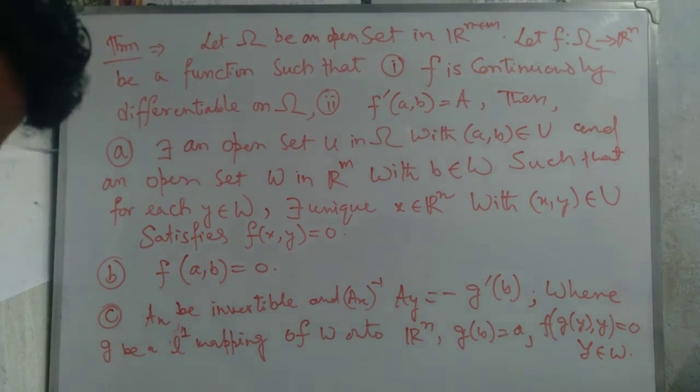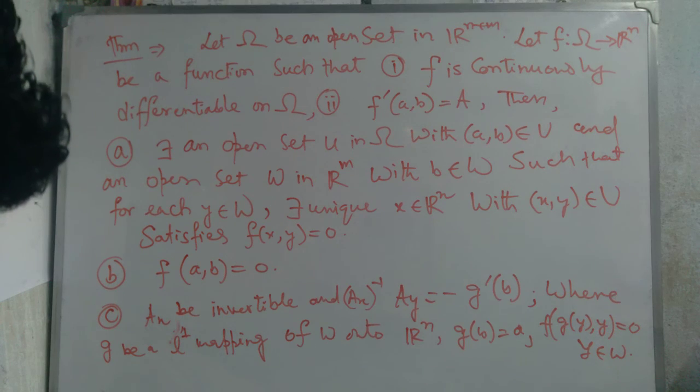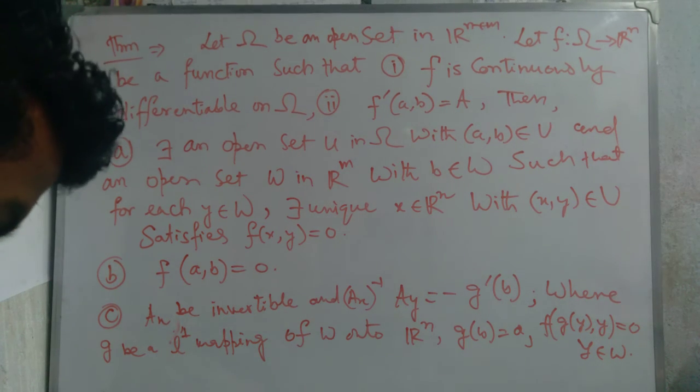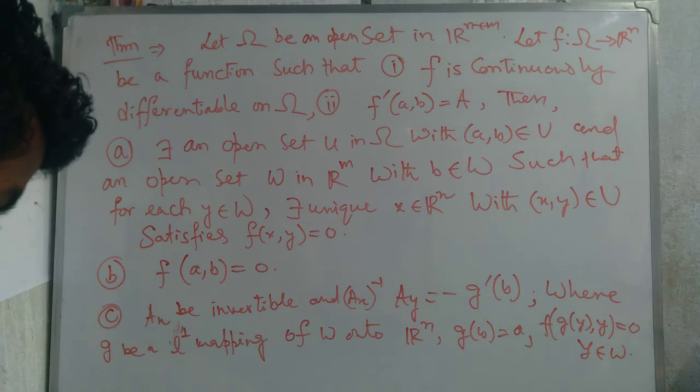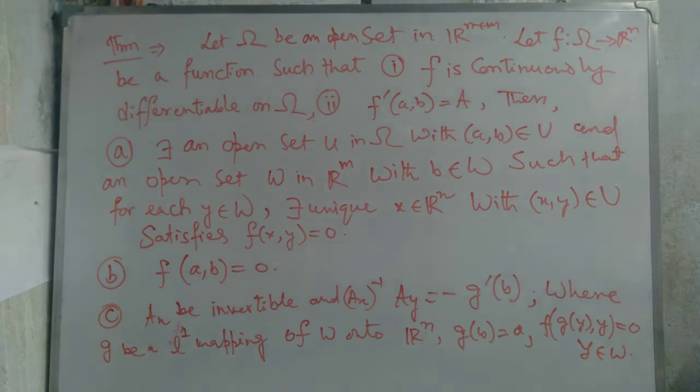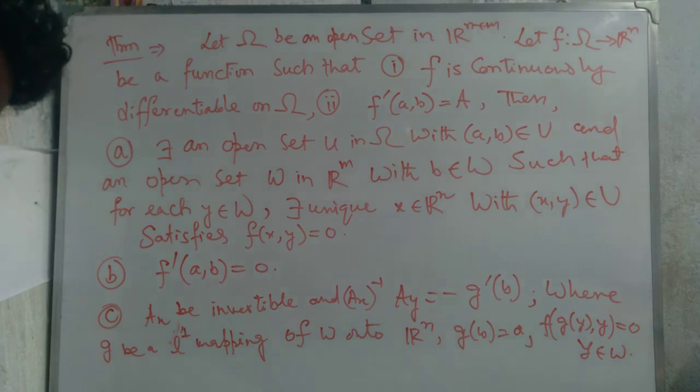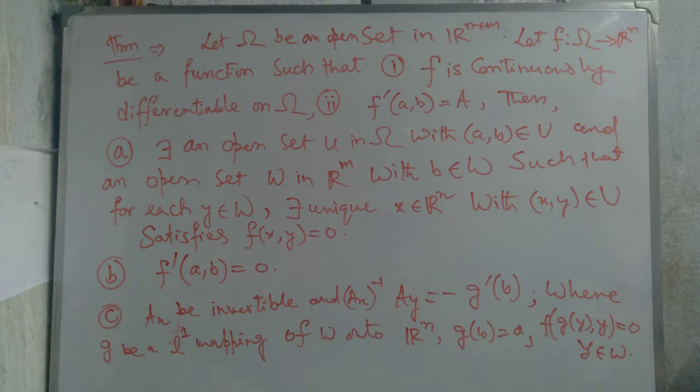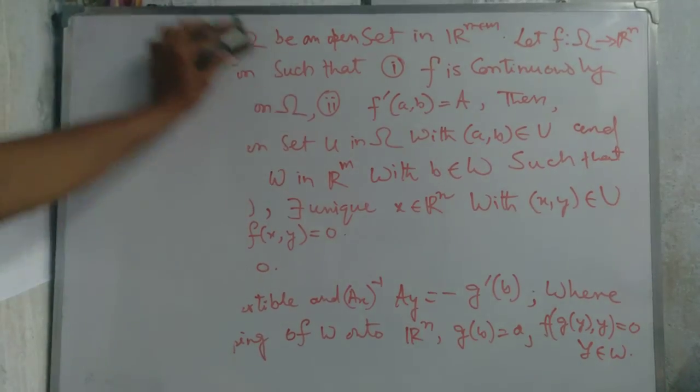And number 2, f(a, b) equal to 0. We also show that g dash b equals minus Ax inverse Ay. So we discuss this step by step. We now erase that portion.